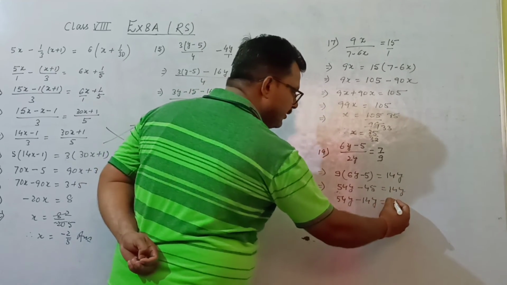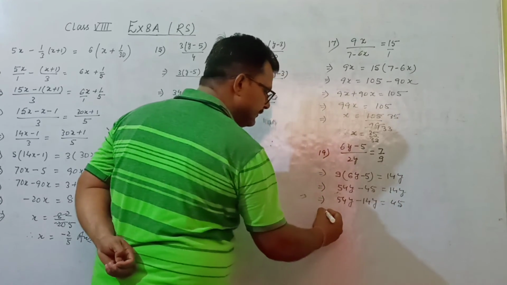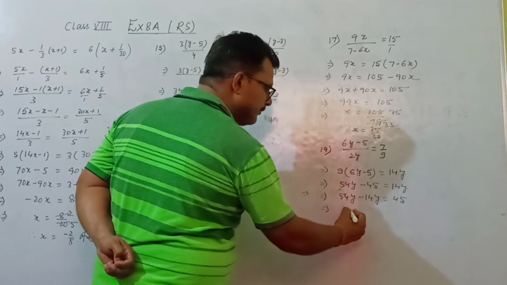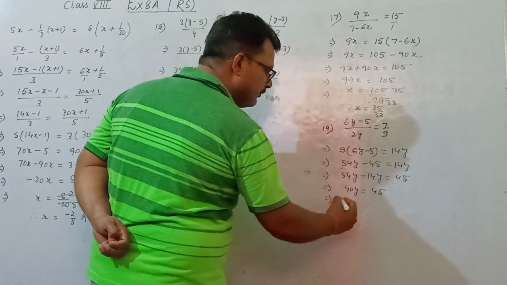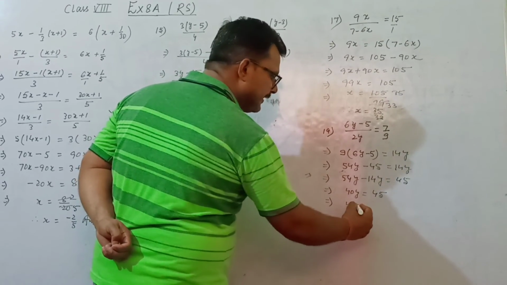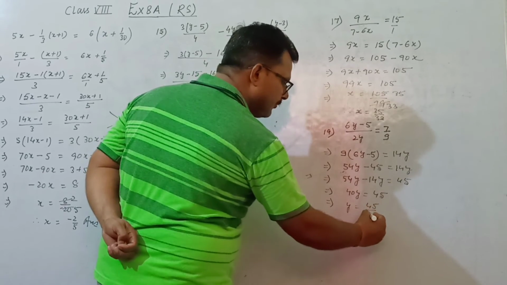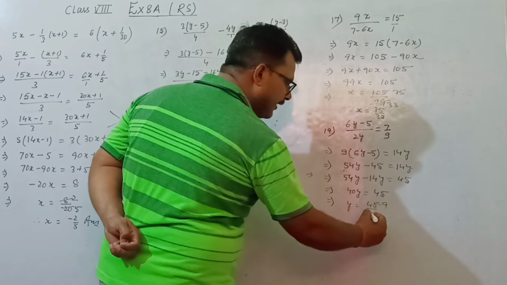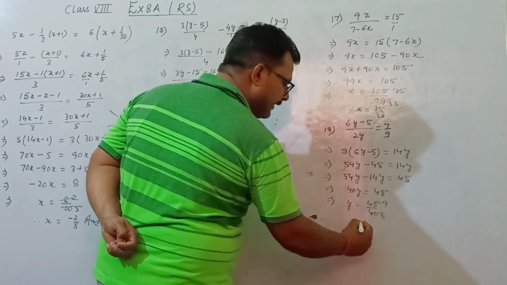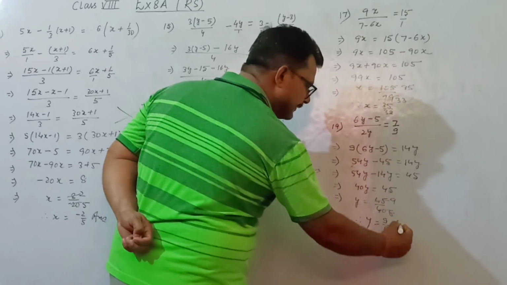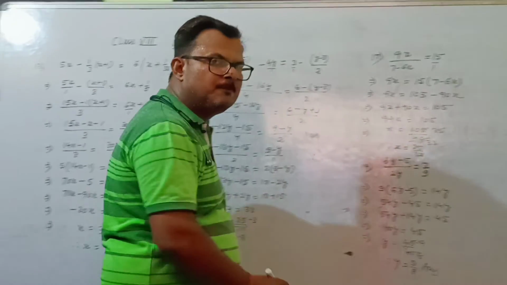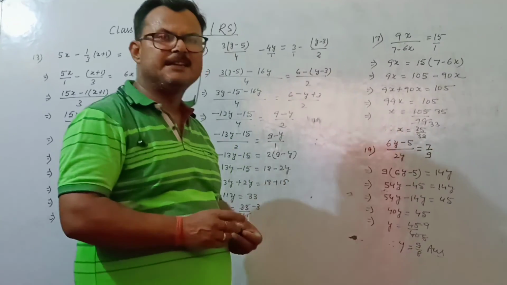Here it will be what? 45 positive. Now subtract it, it will be 40y, it will be 45. Now 40 will be transposed to that side, 45 upon 40, 5 times 9, 5 times 8. Therefore y is equal to what? 9 by 8. Answer.